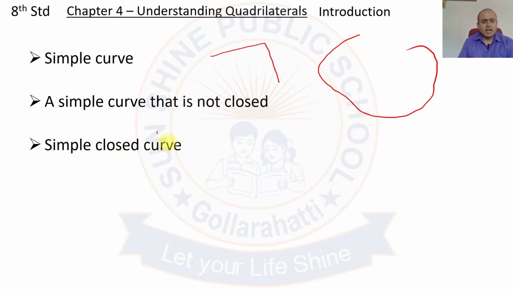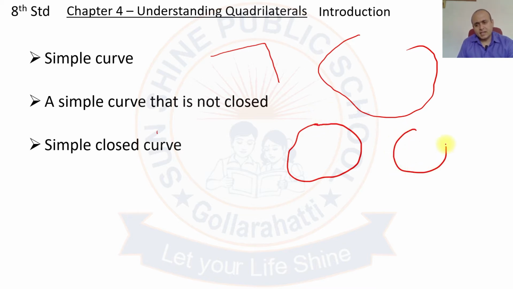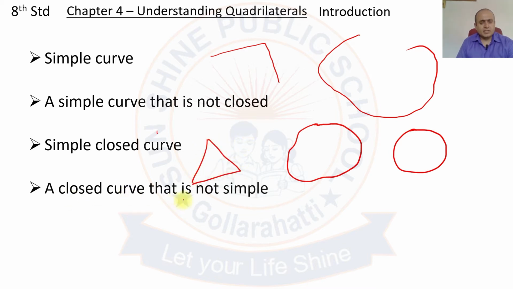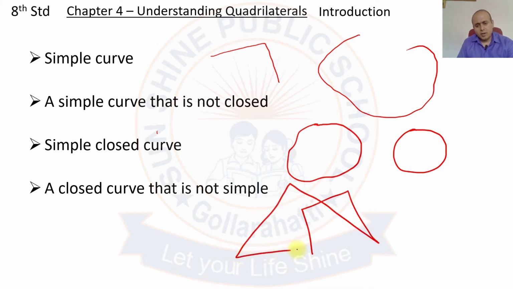Simple closed curve. A simple closed curve is a curve that forms a closed figure. If we end at the same place where we start, it is called a simple closed curve. It may be a circle, a rectangle or a triangle. A closed curve that is not simple. Some curves are closed but not simple. Here I'll draw a closed curve, but this curve is not simple.